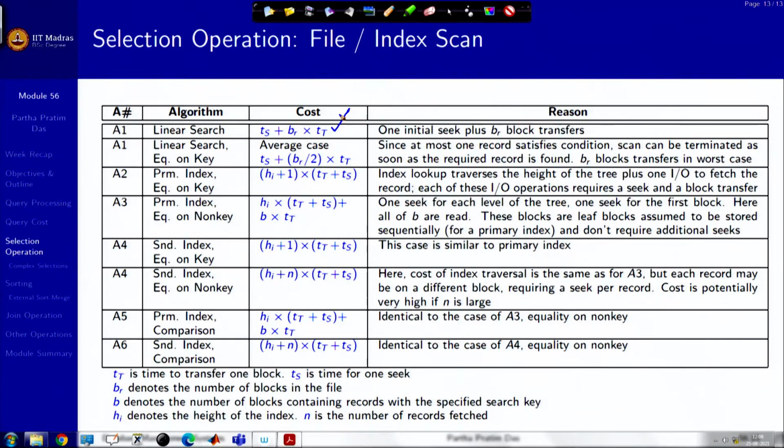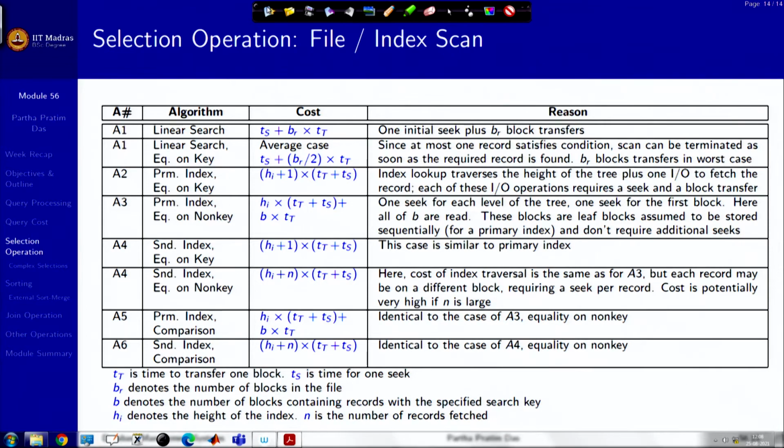So, you can have only one record in the output. So, on the average you can assume that half the blocks will always be searched in a general case. So, here you have a reduction in the number of transfers that you need to do, though in the worst case it will remain same as the previous one.